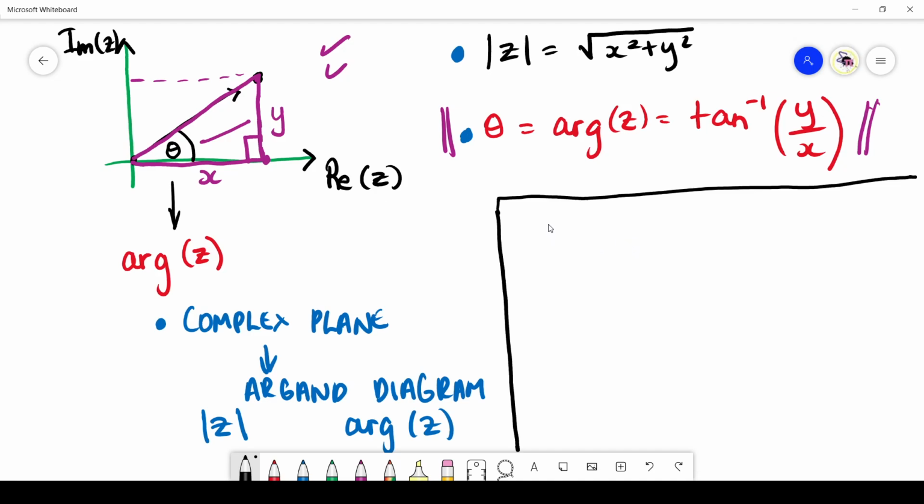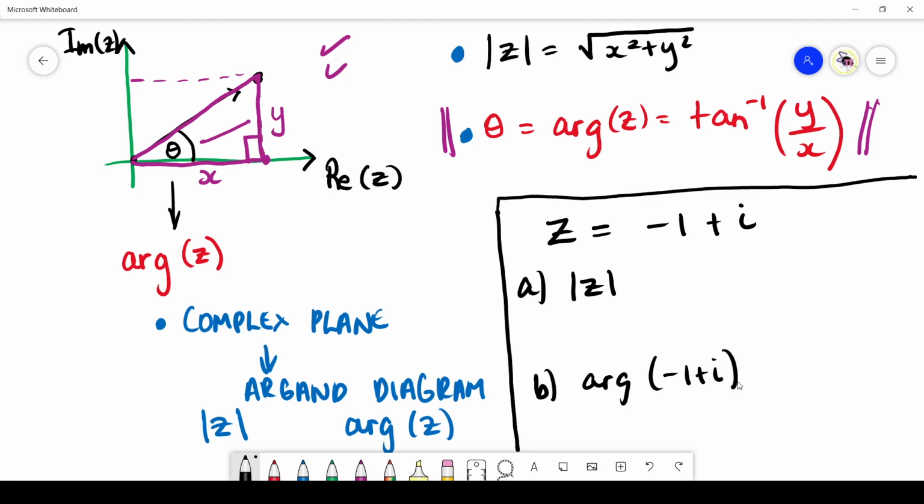They just said, hey, we have a complex number, z is equal to -1 plus i. Part a, can you find the modulus or the length of that, or r? And part b, can you help us find the argument of that complex number? If the name of it is -1 plus i, then you are finding the argument of -1 plus i. If you didn't want to have to write all of that full complex number, you could also just write the argument of z.